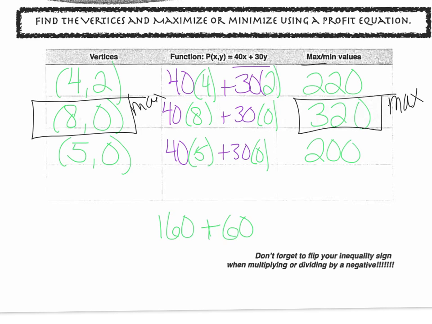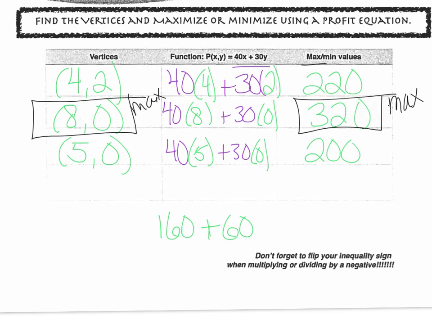So that's the combination of things that is going to give me the maximum profit here. And so maybe if I'm selling something, x is one of the items we're selling and y is the other item we're selling. Well, this tells me that selling 8 of the first item and 0 of the second item is going to give me my maximum profit.